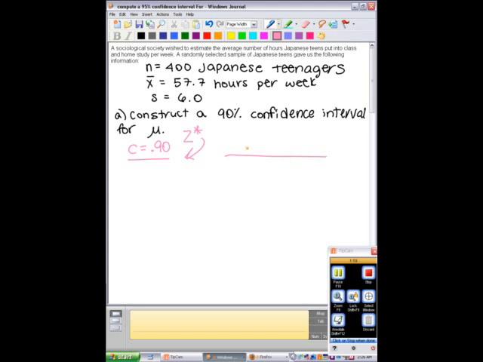We're going to draw the chart, or the picture. Put our 0 in the middle. These are z's. And we want the middle 90% shaded.